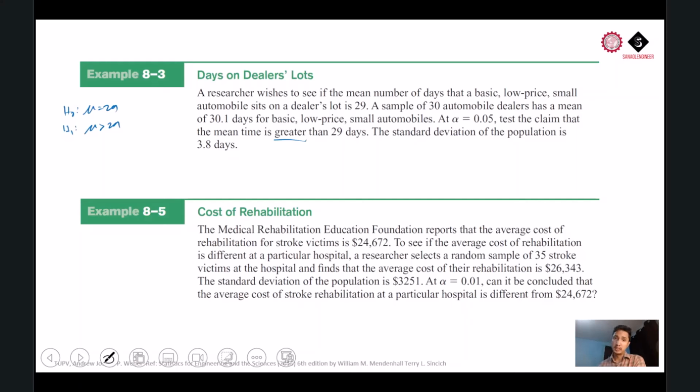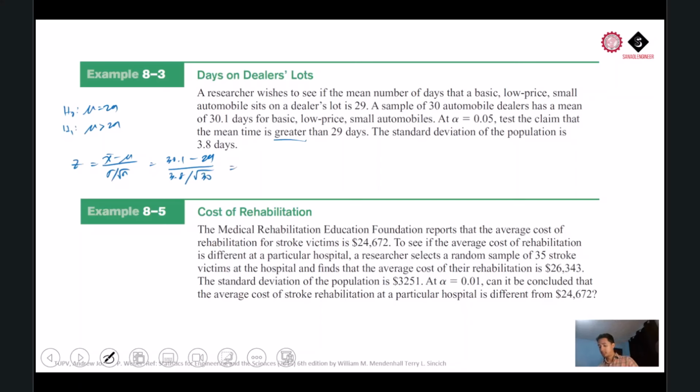So we need the test value in order to do the traditional method. Z equals x bar minus mu divided by the standard error. So the x bar is 30.1. That's the sample mean. The population mean is 29. The standard deviation is 3.8. And the sample size is 30.